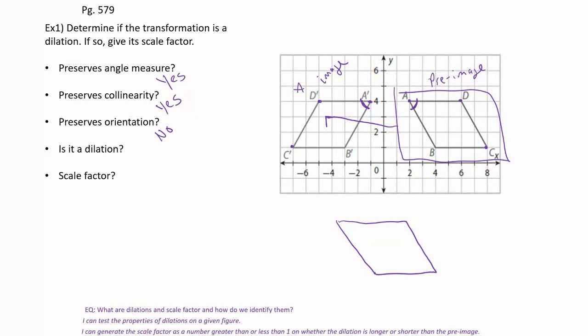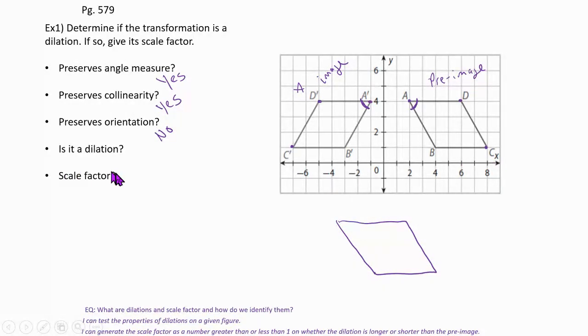And you can tell that it's not. It looks like it's flipped over the y-axis. So it does not preserve orientation because this was not in the right position. It's the same size, but it's not going in the same direction or orientation.